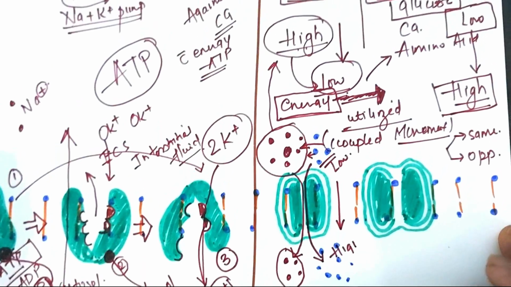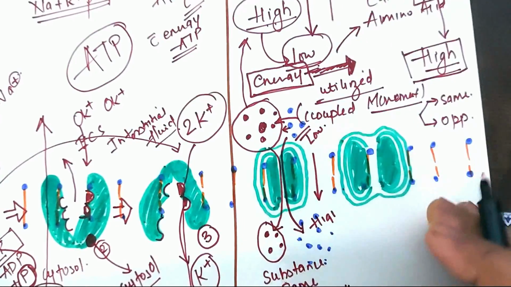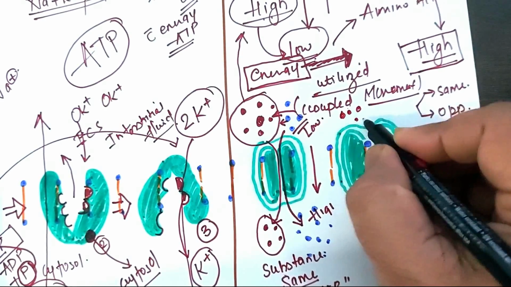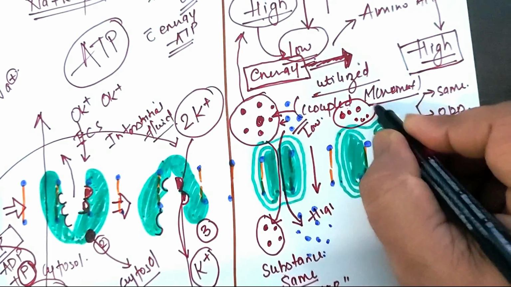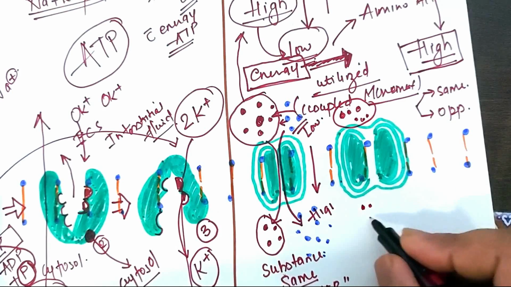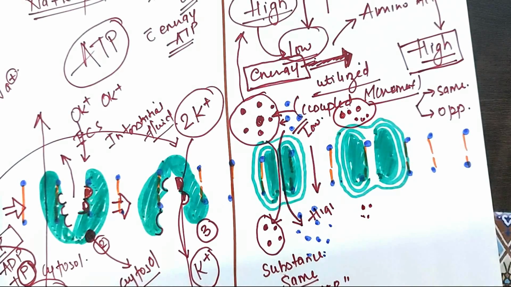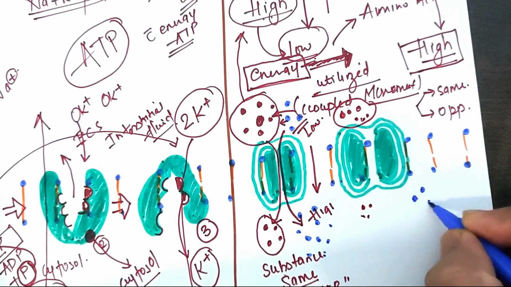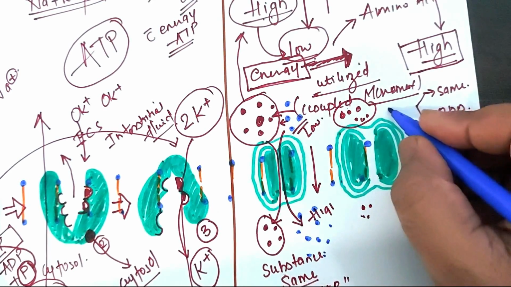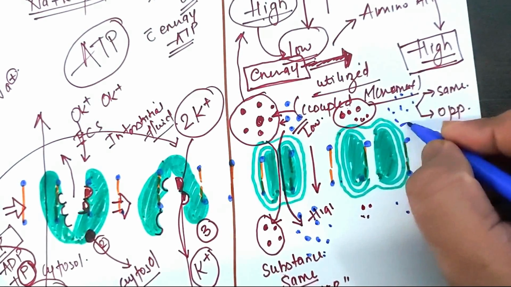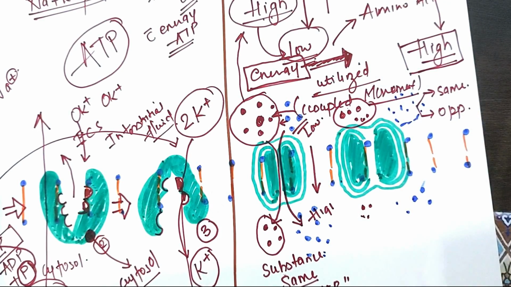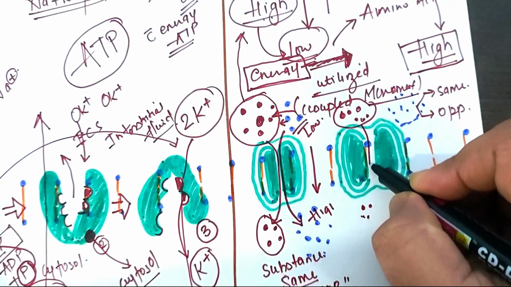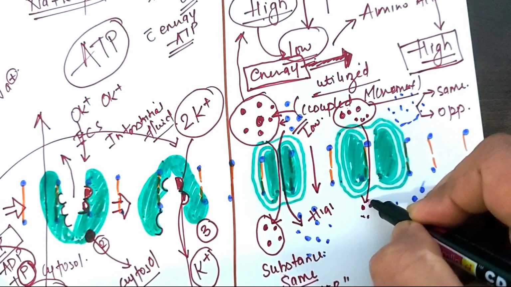In the same way, if sodium is high here and low here, but calcium is low here and high here, sodium will anyway move from its higher concentration to the lower concentration.